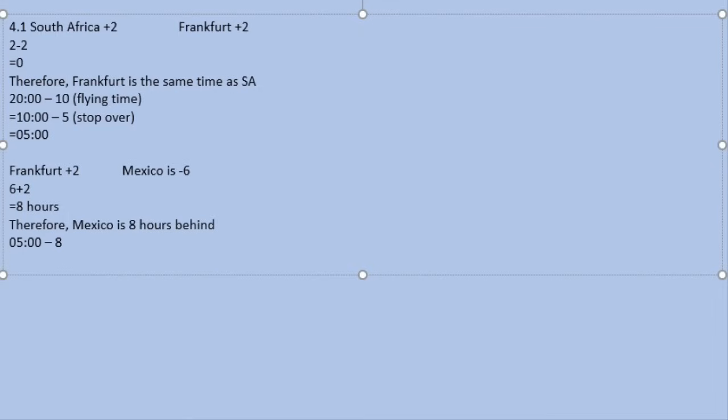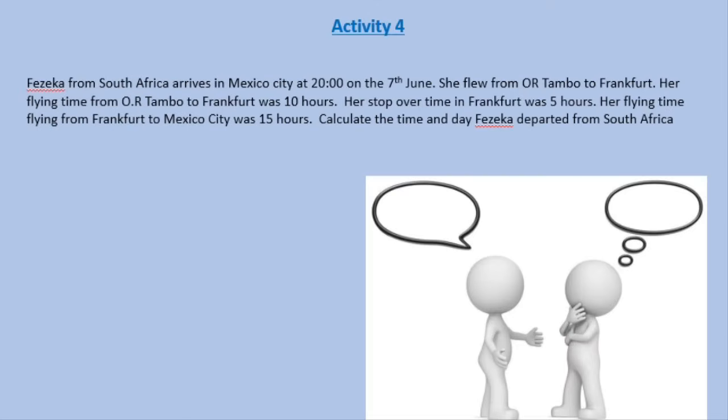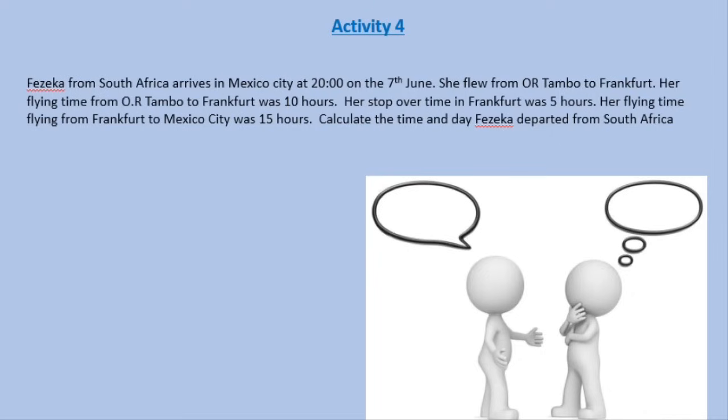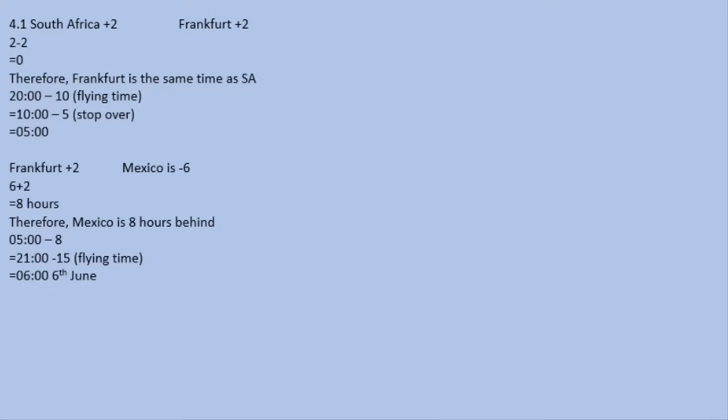And our answer is 21 hours, and we subtract the 15 hours, which is the flying time, and the answer is 6 hours, 6th of June. So Fezeka departed from South Africa at 6 hours on the 6th of June.